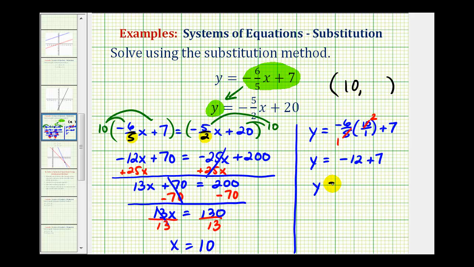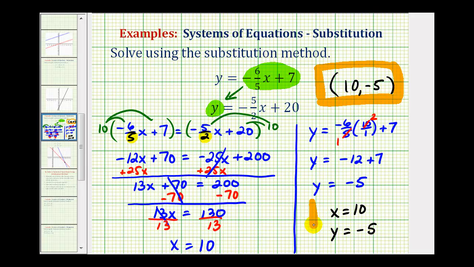So the y coordinate, or the y value, is negative 5. Remember, we can list the solution as an ordered pair, 10 comma negative 5. Or we can actually say x equals 10 and y equals negative 5. So we can express our solution like this, or like this.